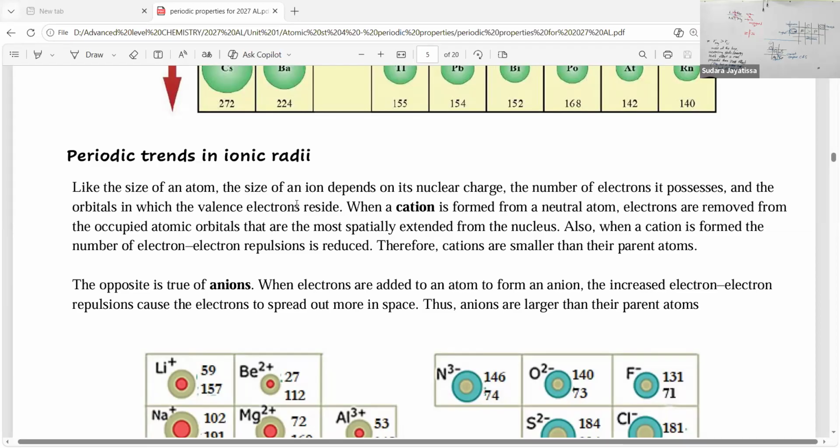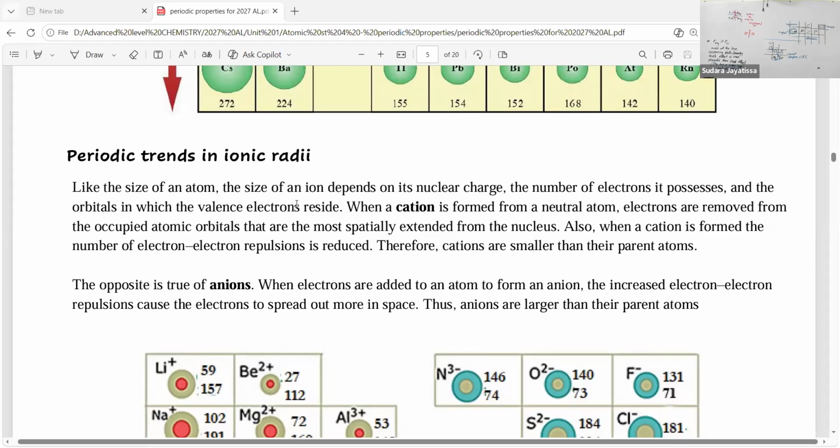That repelling tends to increase the radius. But when you ionize it, you remove one electron from the outside. Now in the oxygen plus ion, you have only 5 electrons in the outer shell. The 5-electron repulsion is lesser than the earlier 6-electron repulsion.